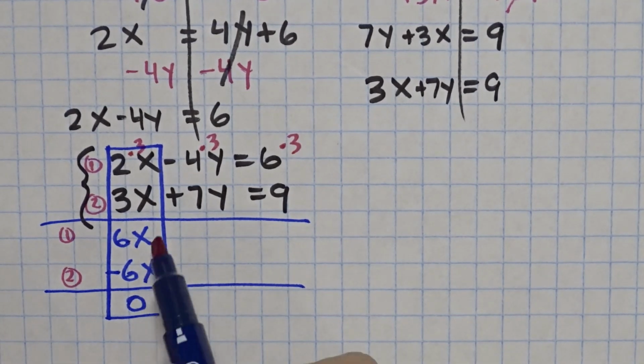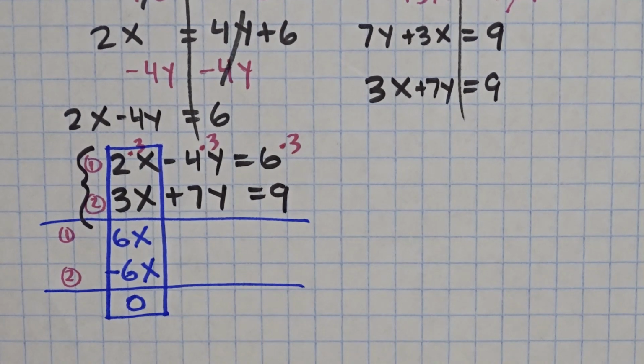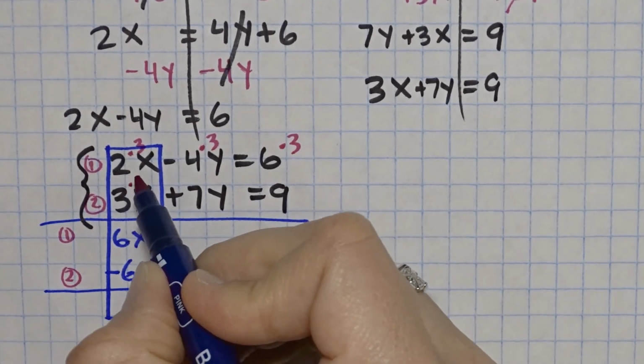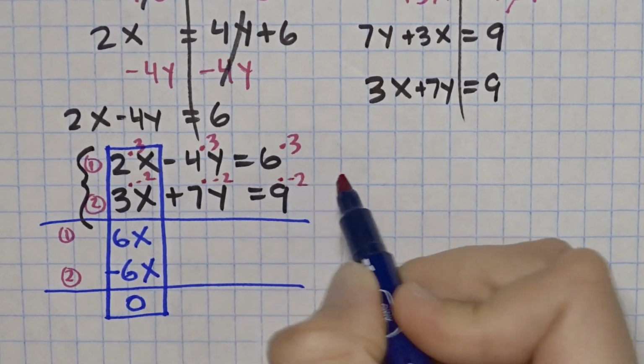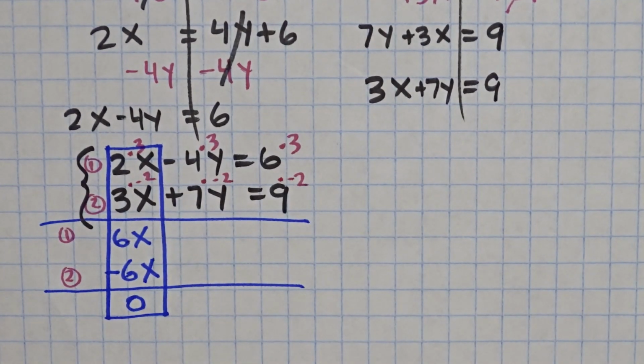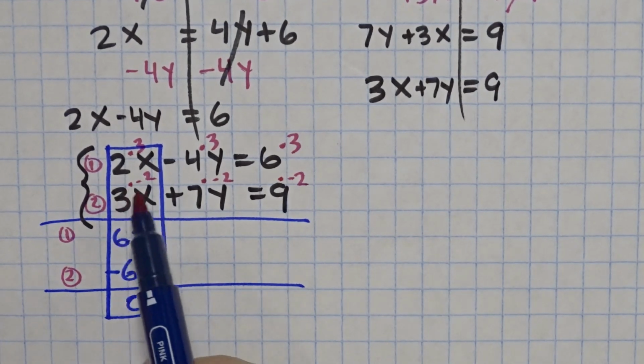All right? And then how did this 3x in the second equation become negative 6x? That one had to be multiplied by negative 2. So everything else gets multiplied by negative 2. Okay? So that same equation has to be changed. If you change one term, you got to change it all.